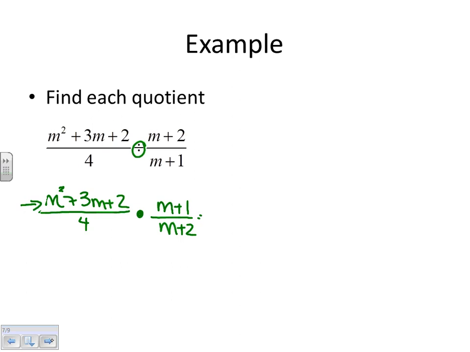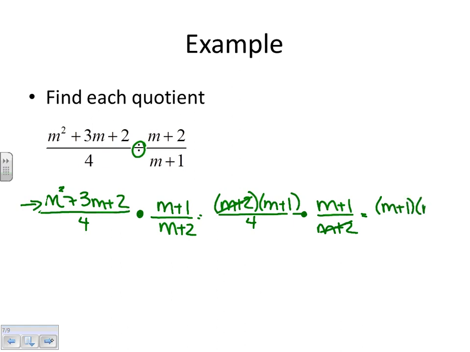So m squared + 3m + 2 factors out into (m + 2)(m + 1) over 4 times (m + 1) over (m + 2). And here we go canceling out. And this is (m + 1) times (m + 1) over 4.